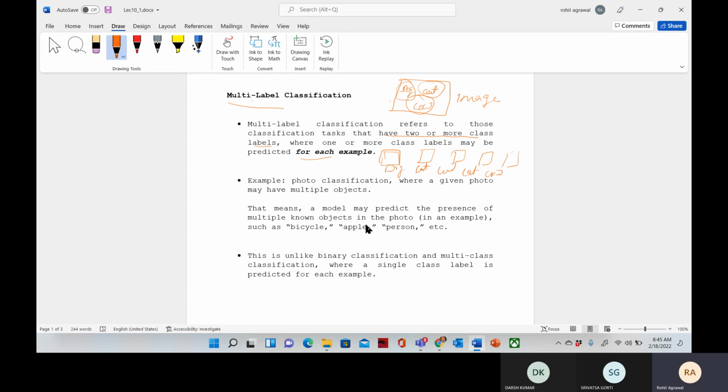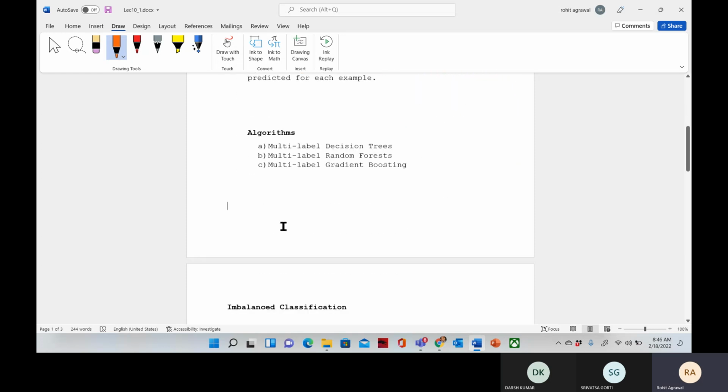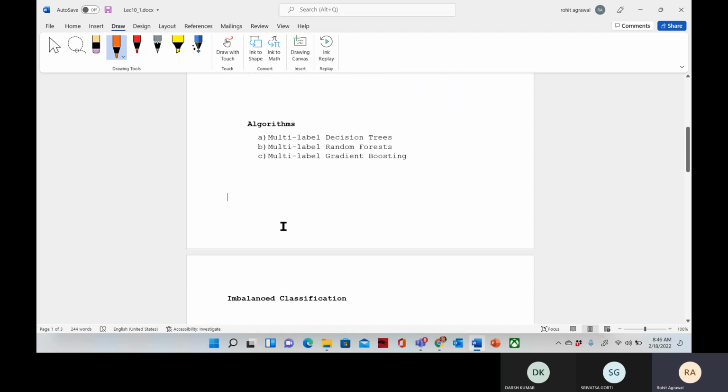But here, more than one class level is predicted for each example. So this is the difference. Some algorithms for multi-level classification are multi-level decision tree, random forest, and gradient boosting. Okay, so this one is clear.